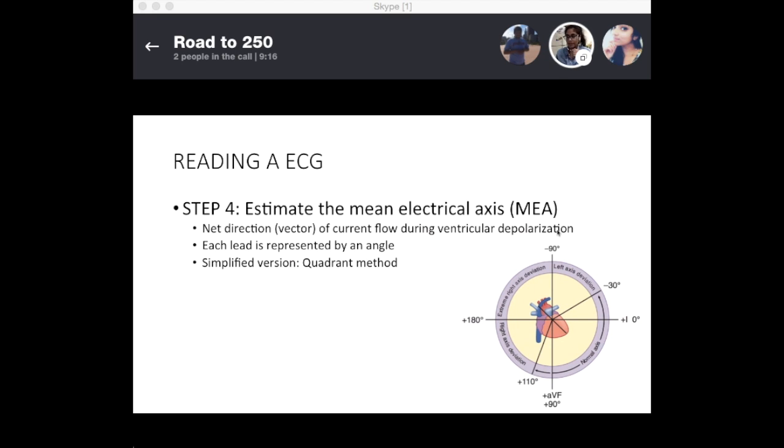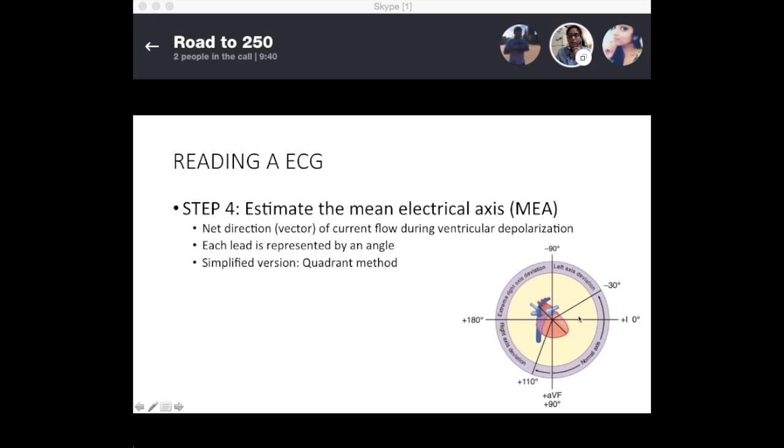Although the mean electrical axis isn't exact, pinpoint precise, it is a way that we can simplify things, and to simplify it even more, we can use the quadrant method, and that will help us figure out if our patient has something pathologically occurring.